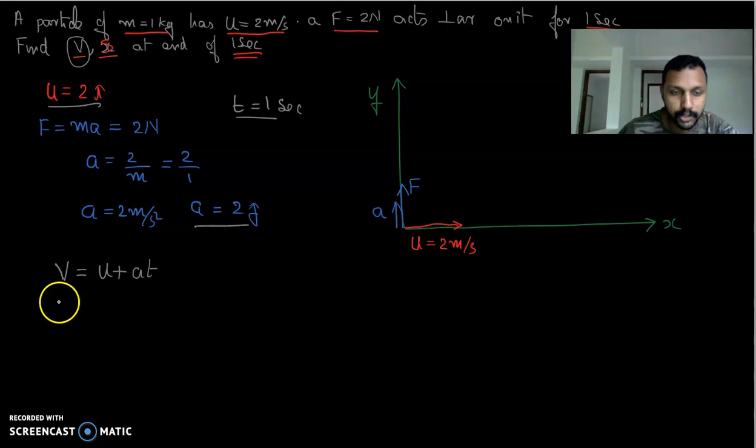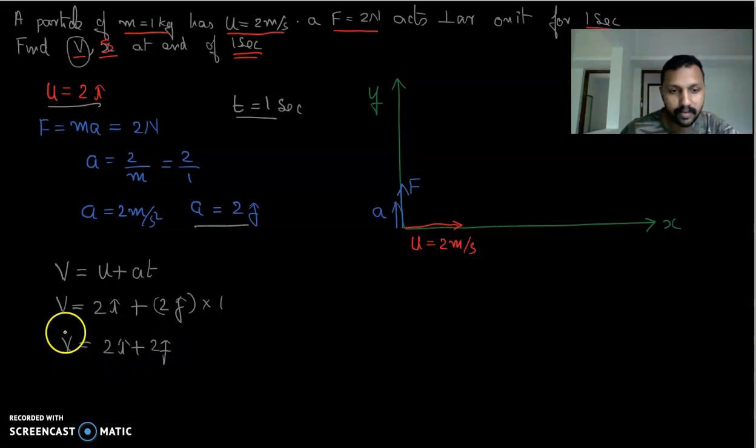Substituting, we get final velocity v is equal to initial velocity, 2 i cap, plus acceleration, 2j cap, into t is 1. Therefore, v is equal to 2 i cap plus 2j cap. This is our final velocity in its vector form.